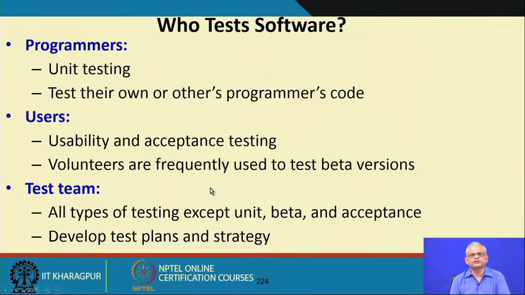Now, based on our discussion so far, we can see that software is tested by different types of personnel. One is the developing organization. The programmers who wrote the software perform the unit testing, and they may also test the other programmers' code if necessary.